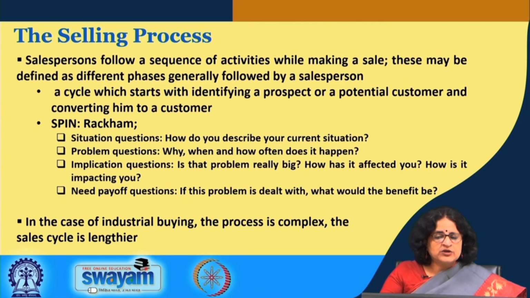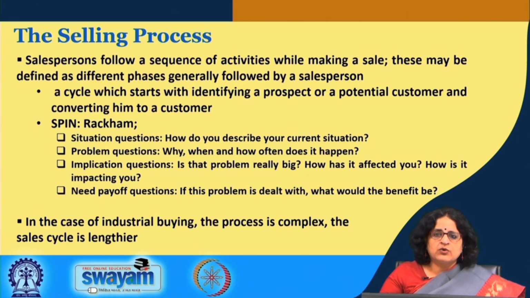Now it is very important that the right kind of questions are asked, and that is how Rackham, who actually proposed the SPIN selling, defined four different kinds of questions which a salesperson must ask across different situations.